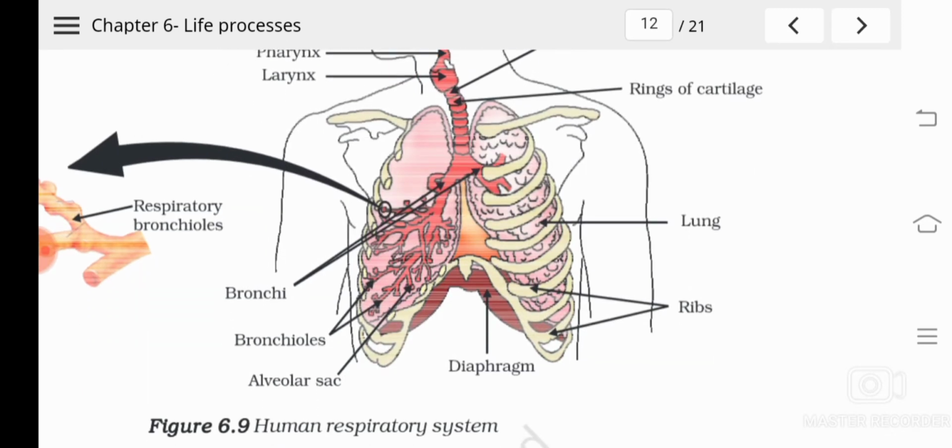After entering the lungs, they divide to form a number of bronchioles. The bronchioles branch and form alveolar ducts, and at the end of the alveolar ducts you can see alveoli, or air sacs.